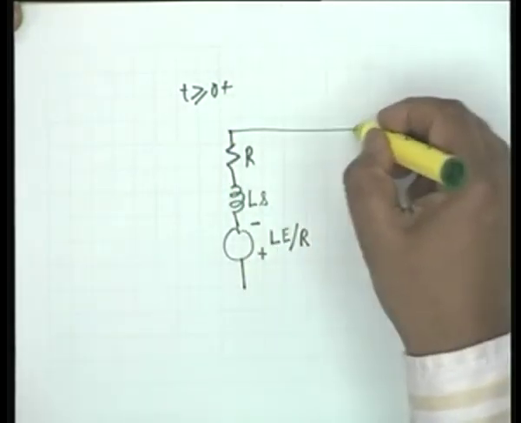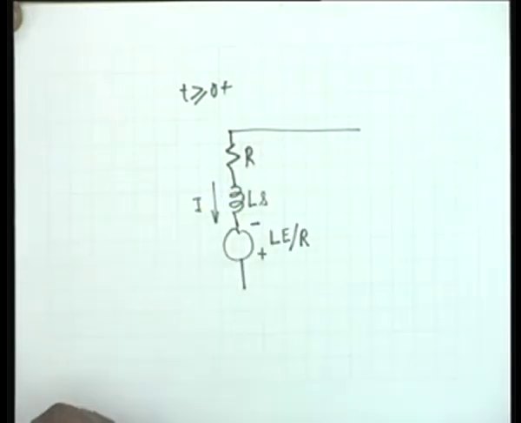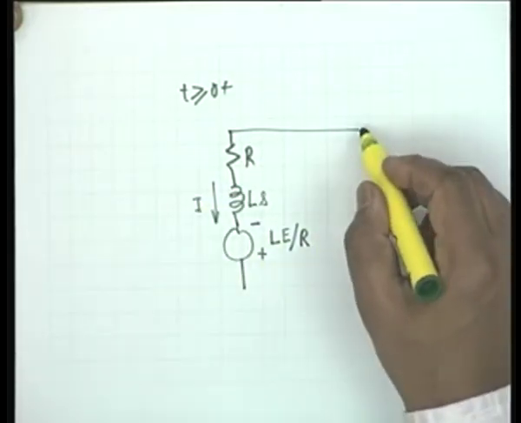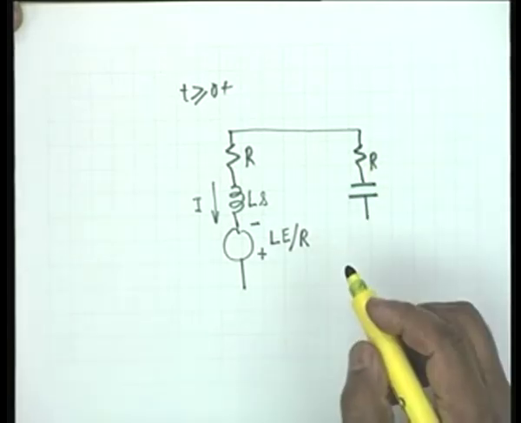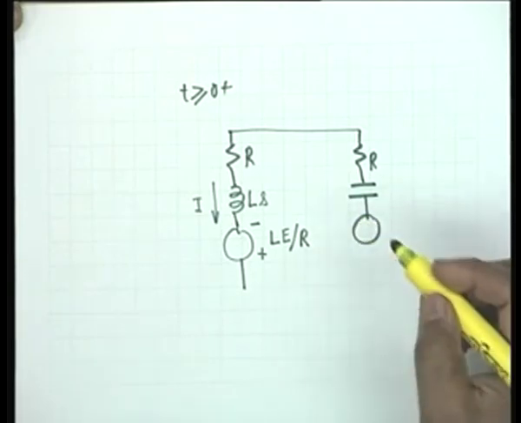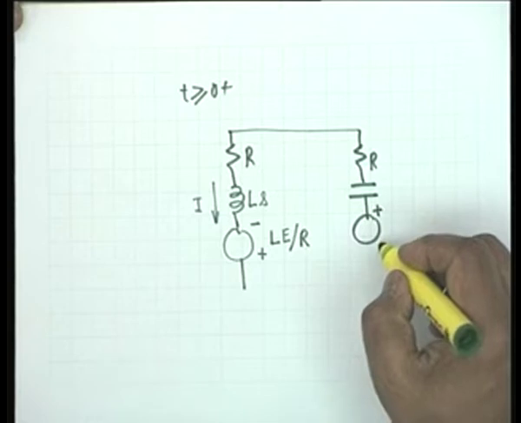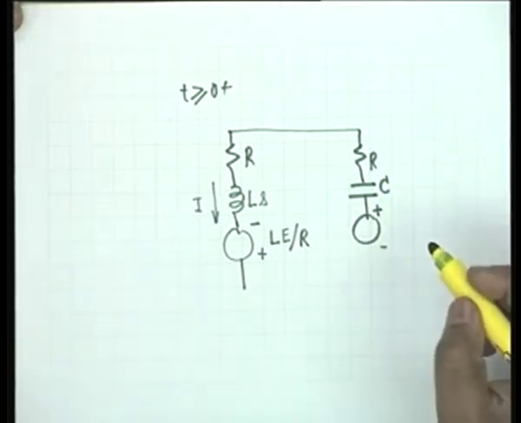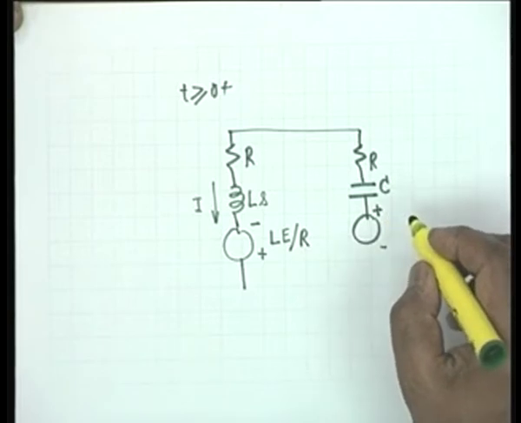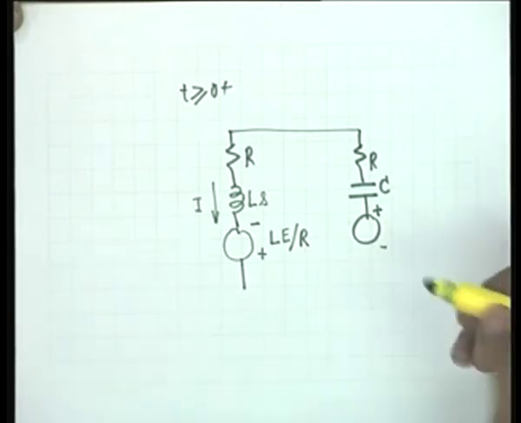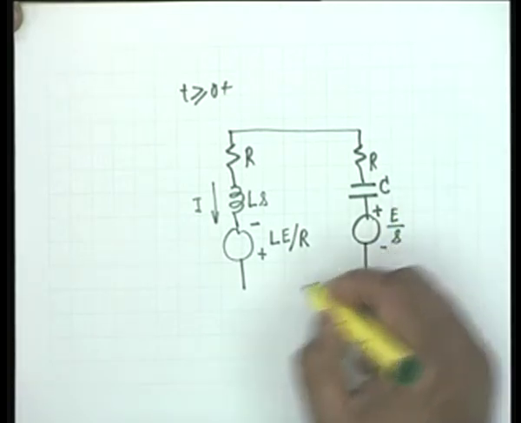For the capacitor, and the current transform is capital I, you have R, then an uncharged capacitor C in series with a voltage with this polarity, whose value is Vc0 minus divided by S because you are taking the transform, and therefore this will be E by S.